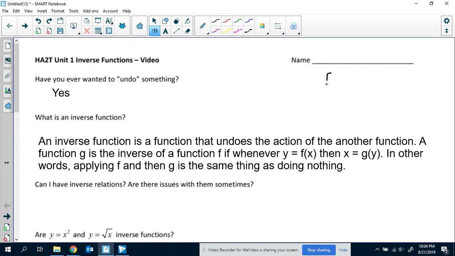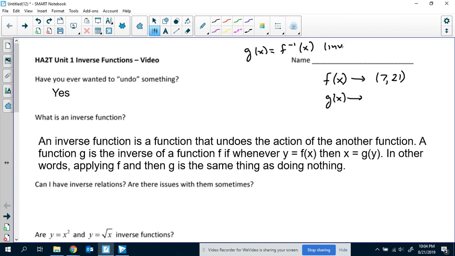So if I have, for example, some point on the graph of f of x, let's say it's 7 comma 21, then there must be a point on the graph of g of x, which in this case is the inverse of f, often notated f negative 1 of x.